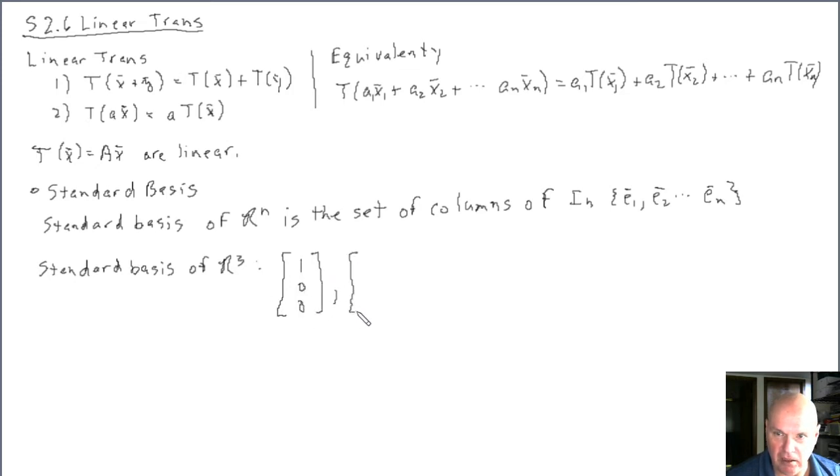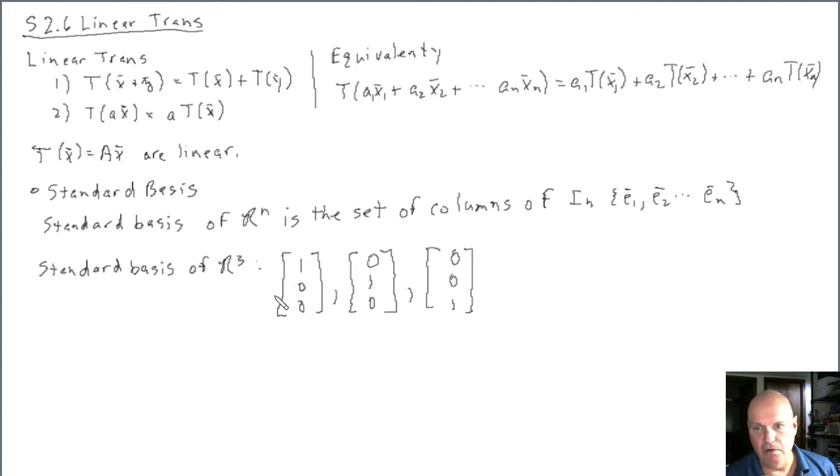We haven't talked about length, but these all have unit length and are sometimes referred to as the unit vectors of the space. Depending on the class, in statics you might have called these i, j, and k. Sometimes they are called e1, e2, and e3, depending on the textbook. Again, the standard basis of R2 are your x-directed unit vector and your y-directed unit vector. In that case, for R2, it's just the 1, 0 and the 0, 1 vector.